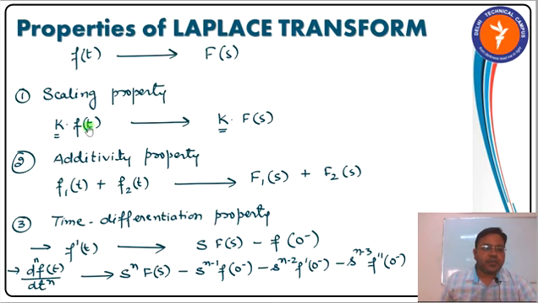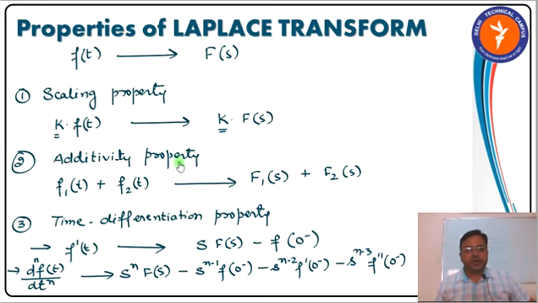The first property, scaling, says that if we scale the time domain function by a certain constant k, then the Laplace domain function will also be scaled by the same factor.